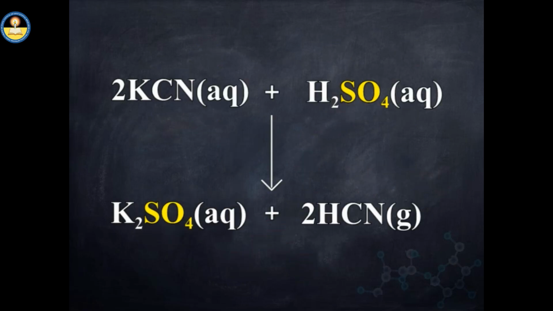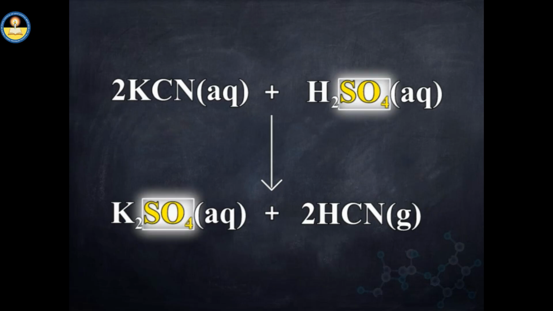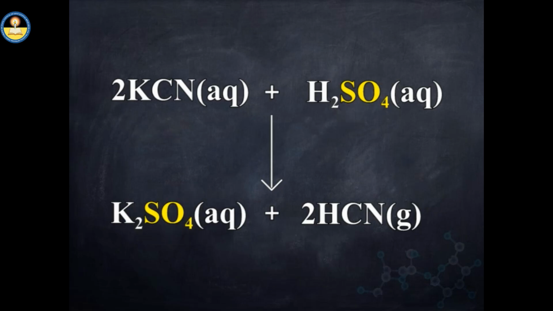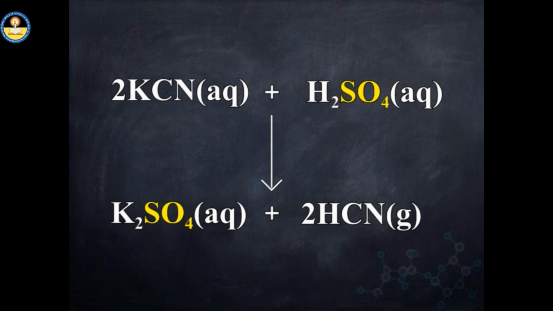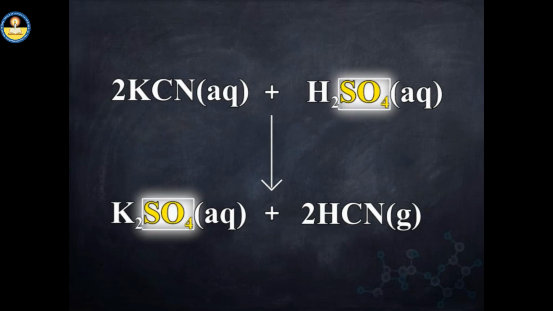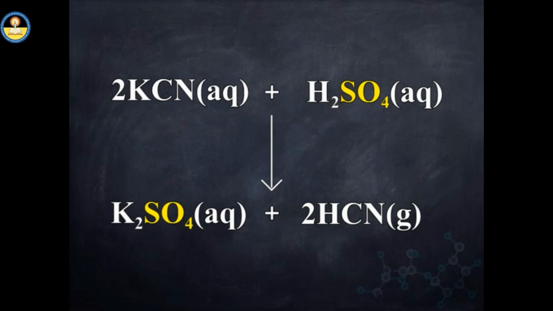If such ions do not change during a reaction, which means they appear as the same polyatomic ion on both sides of the equation, they can be treated as one unit for balancing purposes. This means there is no need to count the individual atoms of the polyatomic ions on the two sides of the equation.